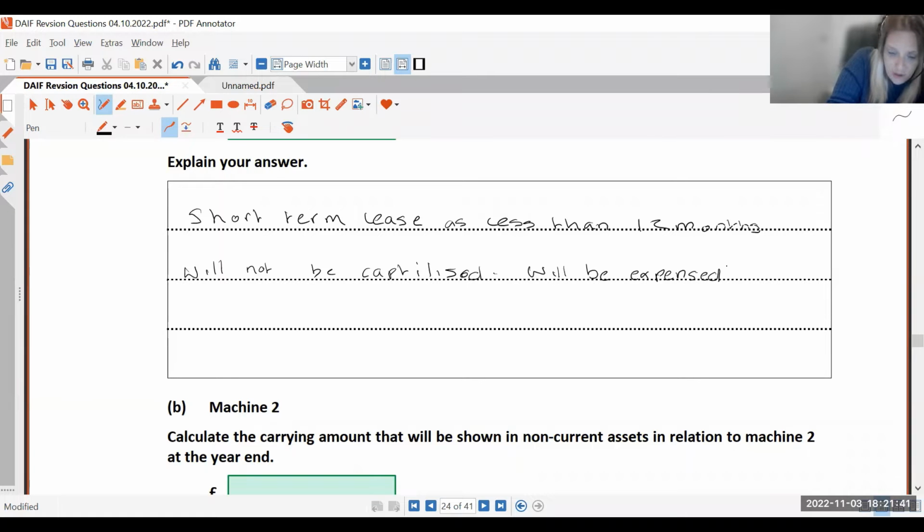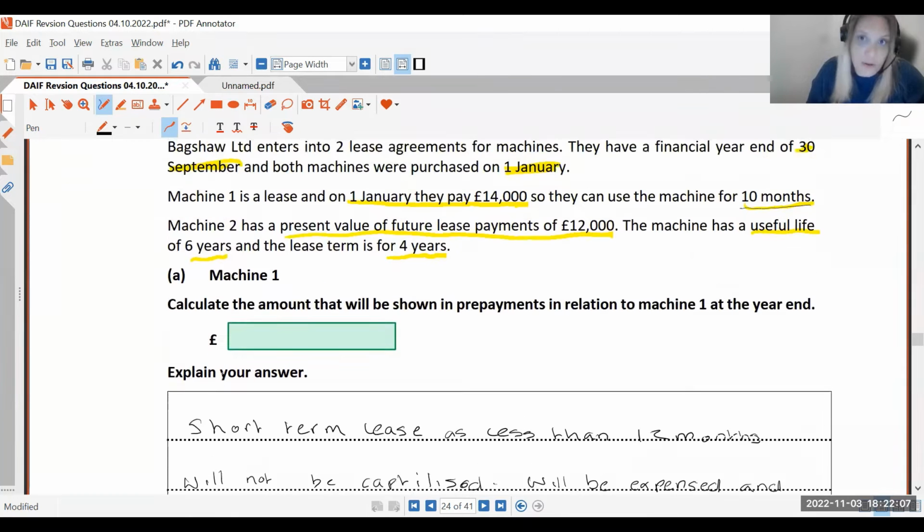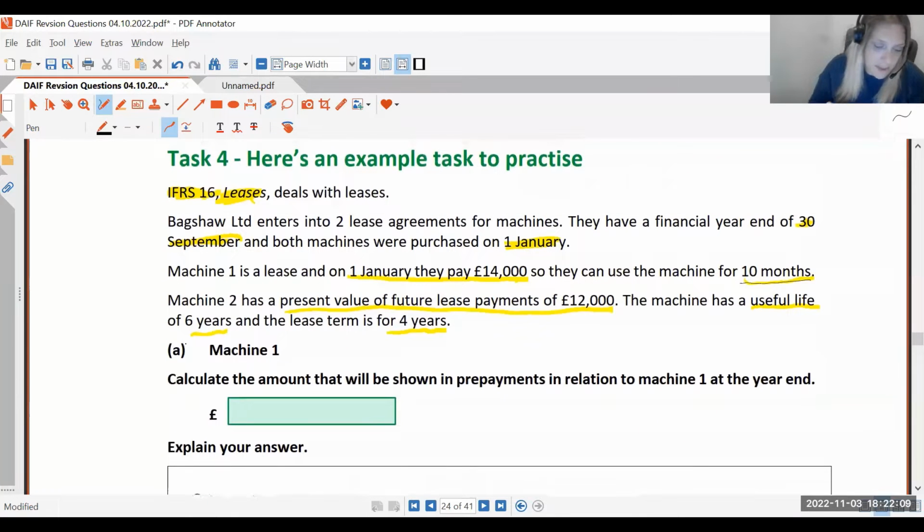And a prepayment adjustment will be needed. Okay, so let's think about our prepayment. How do we know it's going to be a prepayment needed?